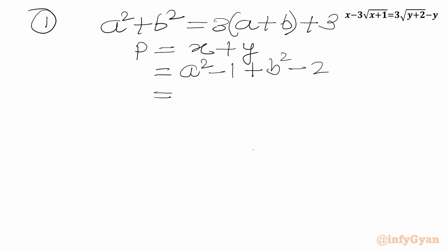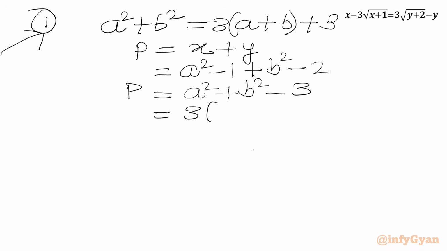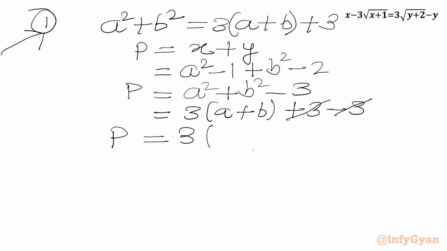So we have a square plus b square minus 3. This is equal to p. Now we will use equation number 1. A square plus b square is 3 times a plus b, let's write here plus 3. Then we have minus 3. So plus 3 minus 3 will get over. We will write p equal to 3 times a plus b.